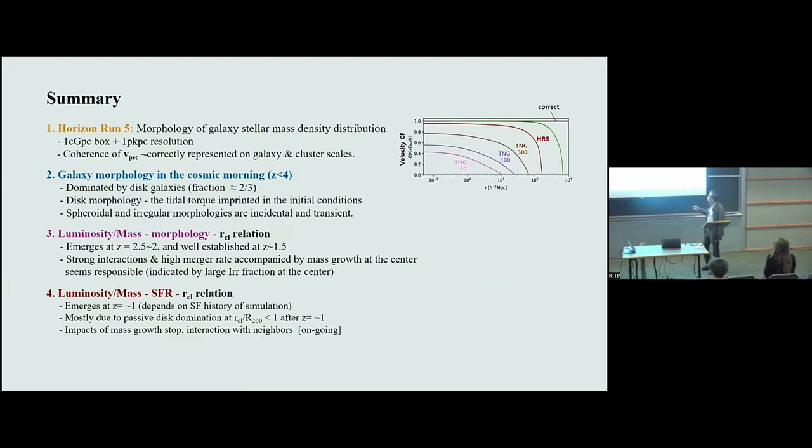We think strong interaction and a high merger rate are responsible for this relation, and this is indicated by the large irregular fraction at the center. For star formation rate, it starts to emerge at z equals about 1, and I think it's mostly because disk galaxies become passive after z equals 1. There are a lot more things to be understood, which is ongoing right now. Thank you.